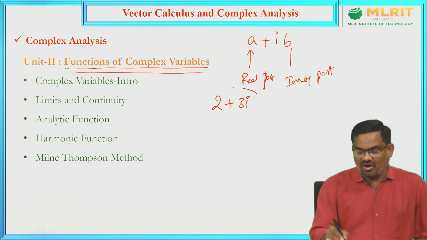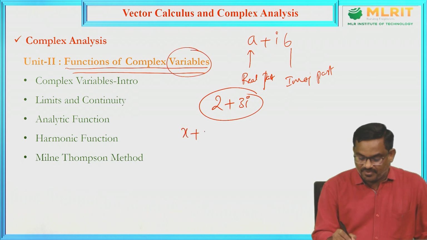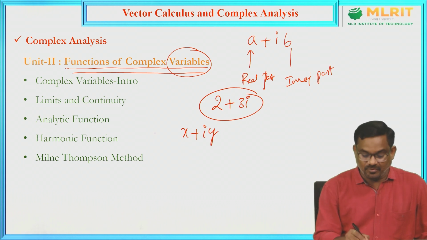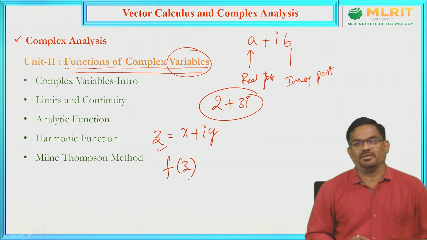This is a constant, but here we deal with complex variables, that means in the form x plus iy. We denote it by z. So z is a complex variable, and a function of the complex variable z is f of z.